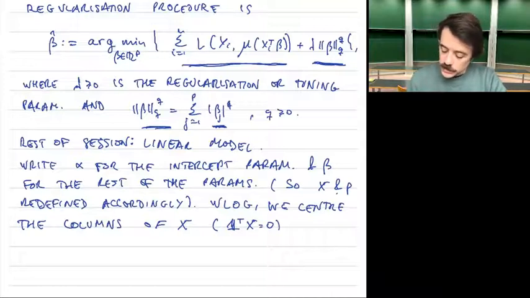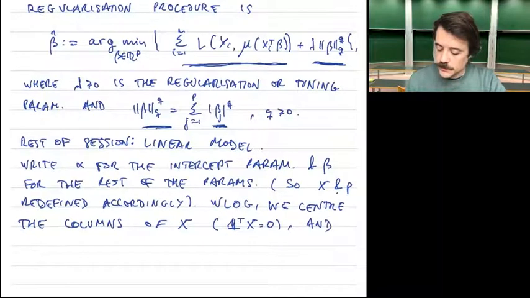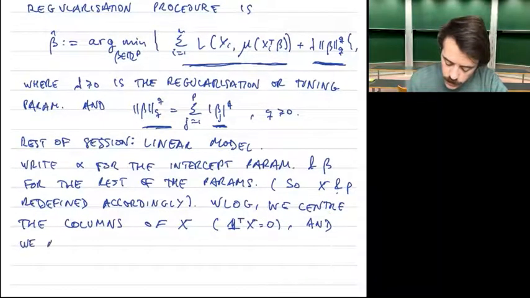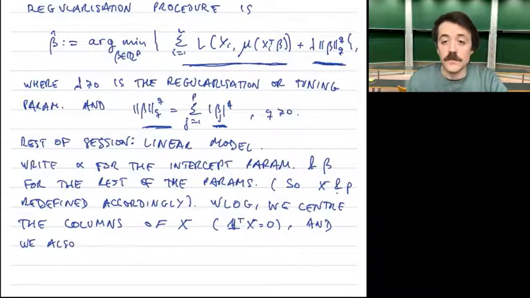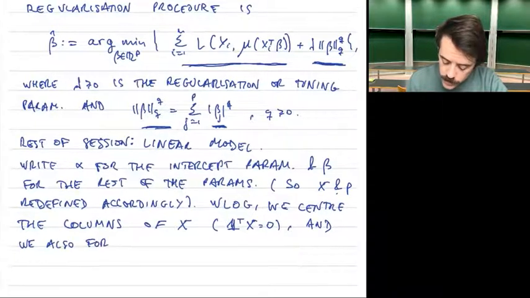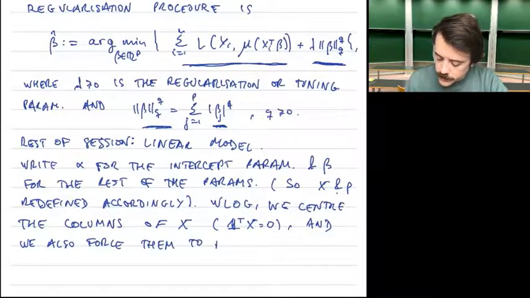So without loss of generality, we center the columns of X, and we also force the columns of X to have unit variance.